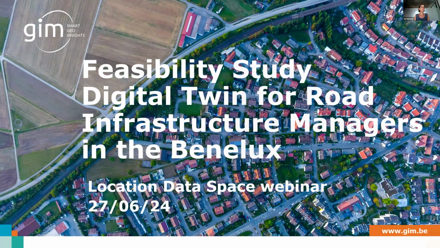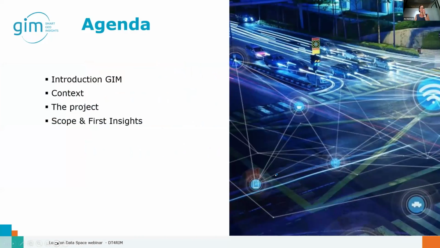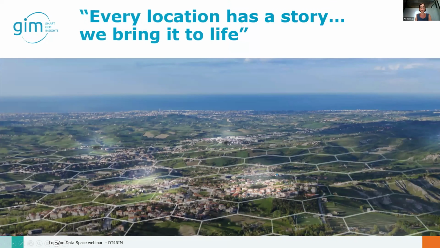So next slide. Quick overview of what I'm going to present: a short introduction on GIM, the company I'm working for, the context of the project, some words about the project itself, and then the scope and the first insights, because it's still an ongoing project. So I'm working at GIM. It's a geodata and GIS company located in Belgium.